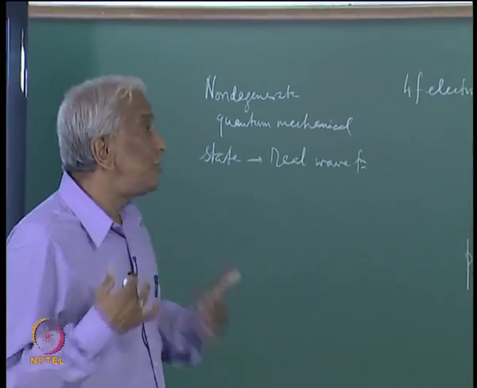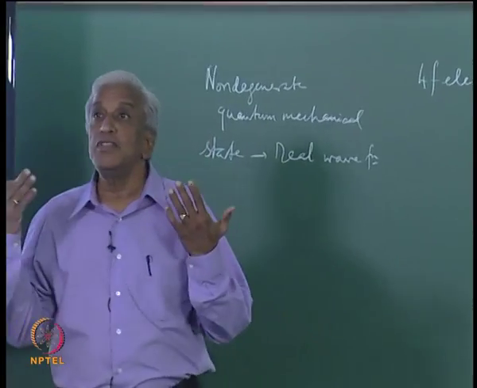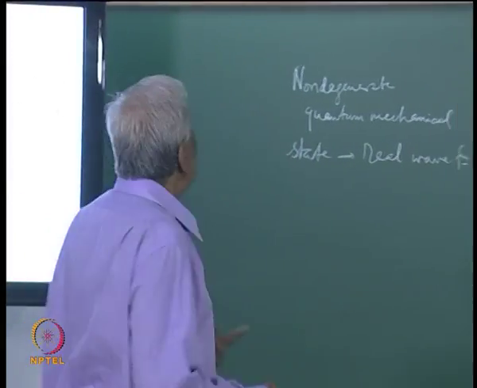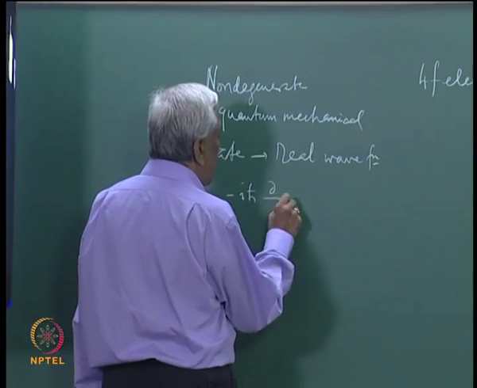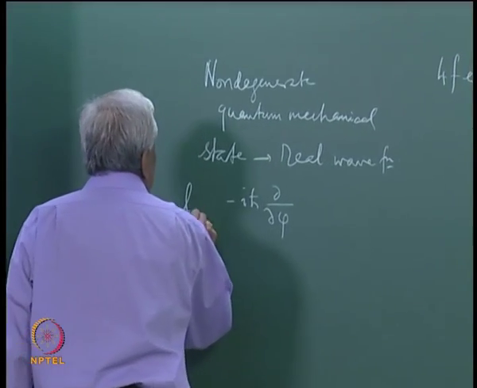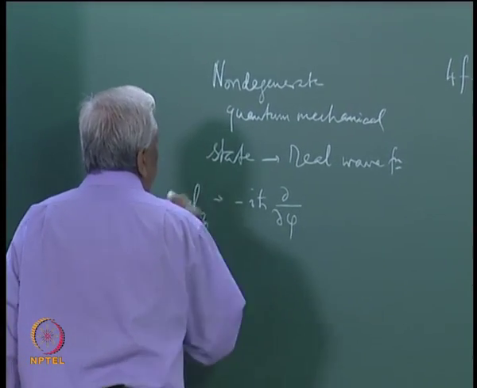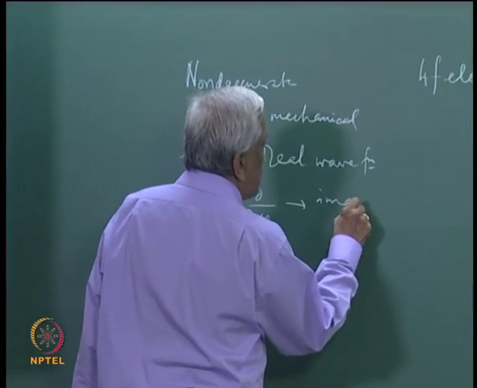If the wave function is real, then the z component of the angular momentum is represented by minus i h cross d by d phi in a spherically symmetric atom. So, this is L z, and therefore, this is an imaginary operator.